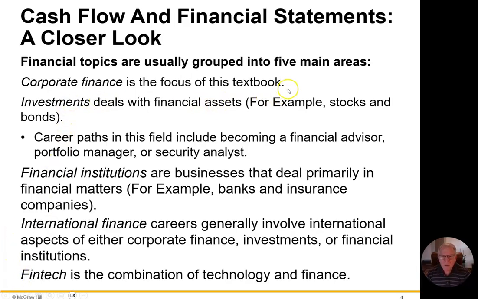Corporate finance is the focus of this textbook. Investments deal with financial assets like stocks and bonds, but also we invest in equipment and other items that we purchase, hoping that we will make a profit on those items.